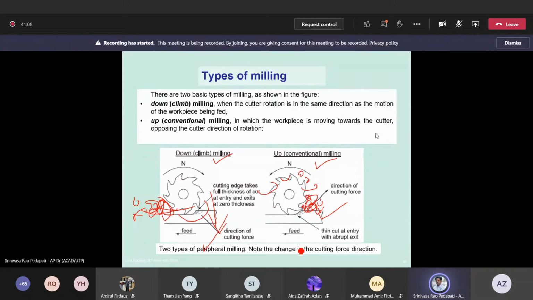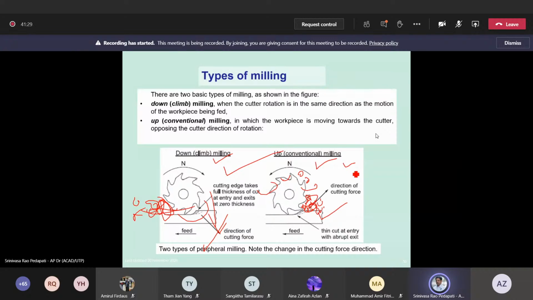Whether you fix it like this or this, it is only the direction of feed. You are not changing anything else, only the direction of milling, whether you feed in this direction or the other direction. So you choose the direction based on your application. If your application removes very huge material, then we go for this.